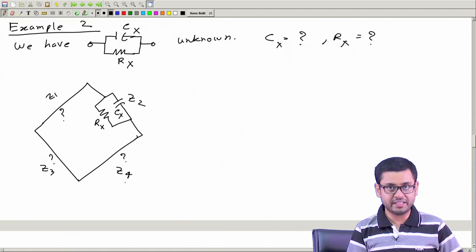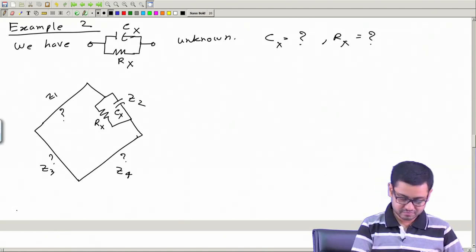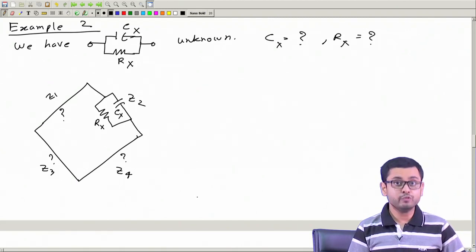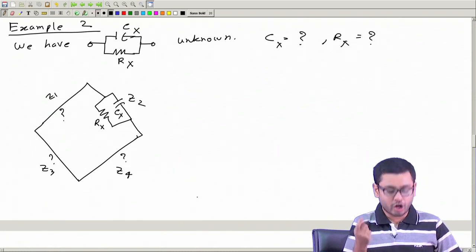Now we will do it once again in a way which is easiest and which is balanceable. That is also important. We have seen some bridges are not balanceable.